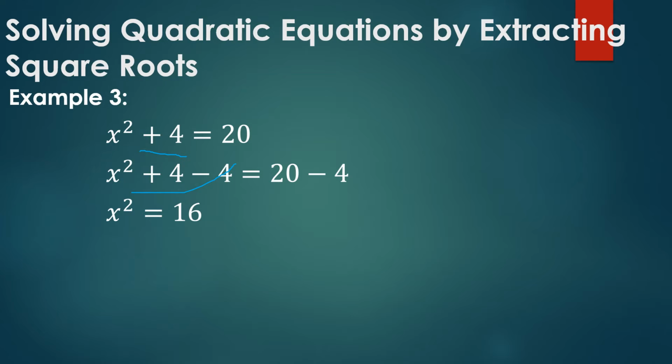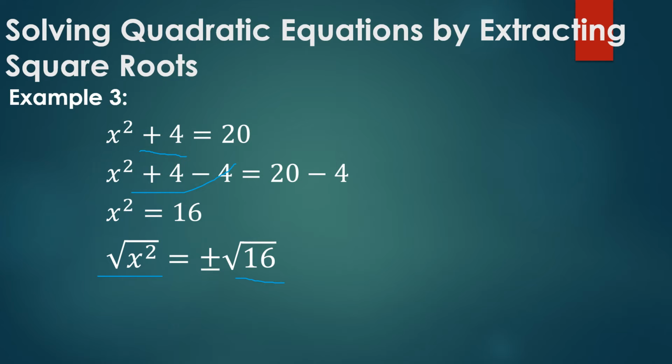We have 16. Now, let us apply the square root property. By getting the square root of both sides of the equation, we have square root of x squared is equal to positive negative square root of 16. Now, what is the square root of x squared? That is x. What about the square root of 16? That is 4.